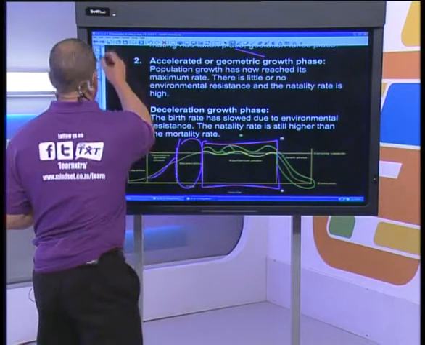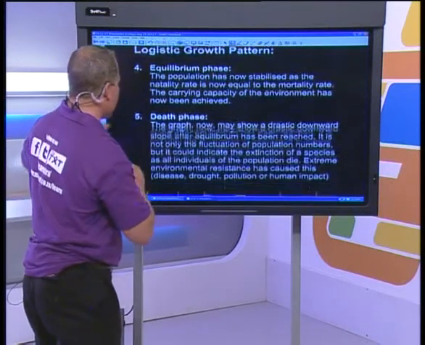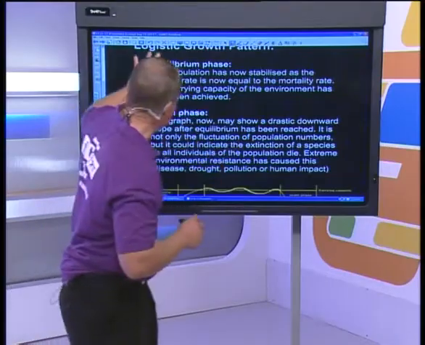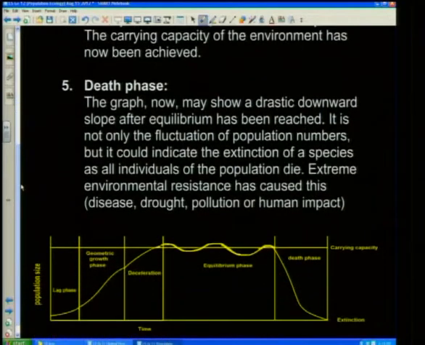Perfect. What I've done, let me get to there. I've actually summarized this whole part. So I've actually said to you, don't forget, with the fourth stage, the equilibrium stage, the mortality rate and the natality rate even out quite nicely. And then you get the death rate, where humans interfere, as I said: human impact.